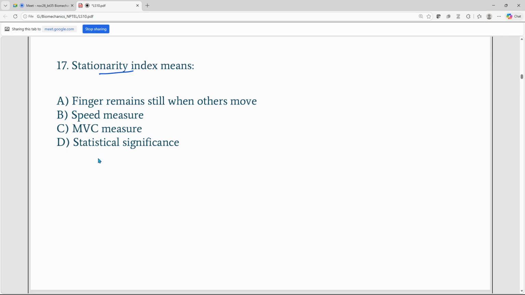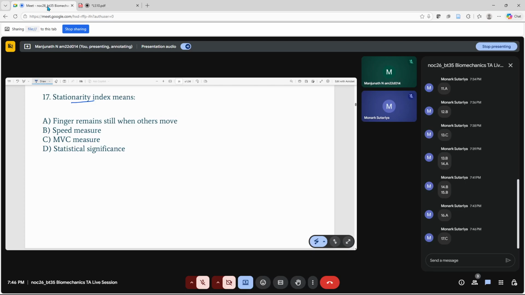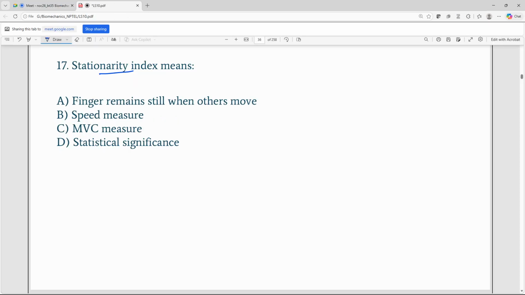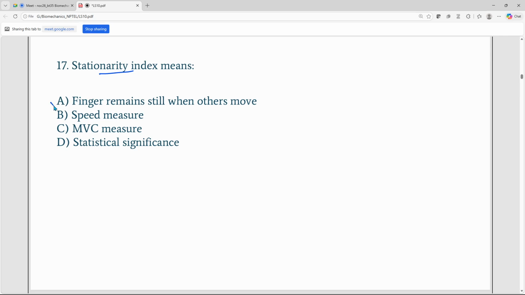Option D, the statistical significance of movement direction of finger interdependence. So the answer is option A.